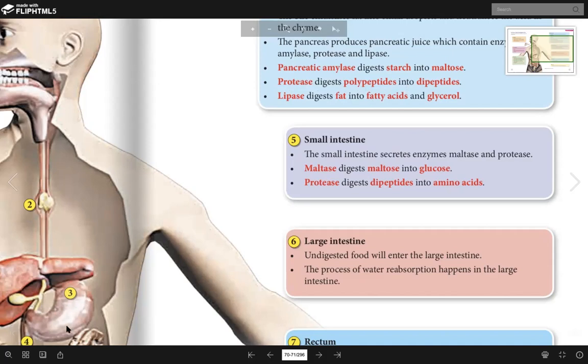Kalau dekat perut, protease akan tukar protein kepada polypeptide. Tapi kalau dekat duodenum, protease yang sama akan tukar polypeptide pula kepada dipeptide. Mula-mula protein, lepas tu polypeptide, lepas tu dipeptide. Tapi dipeptide tu berlaku kat mana? Dekat duodenum lah.